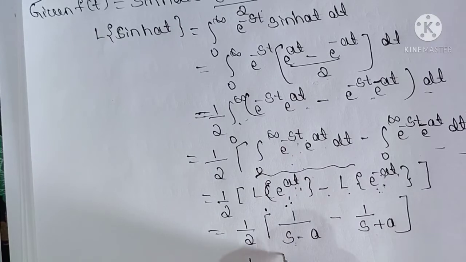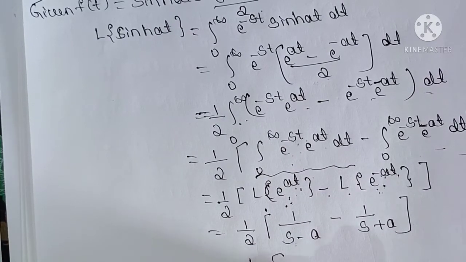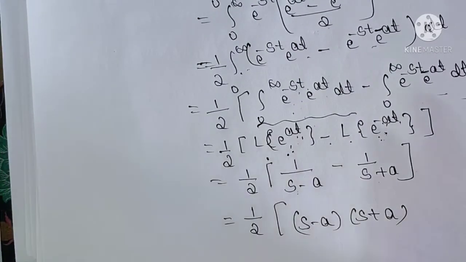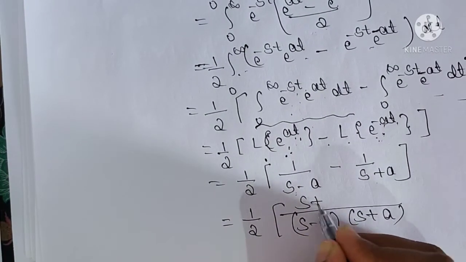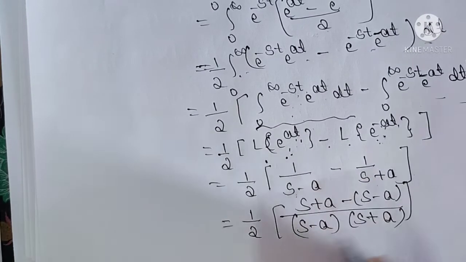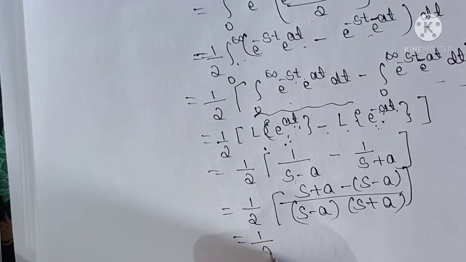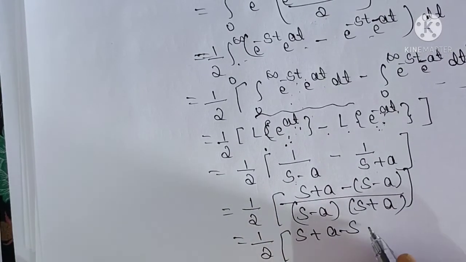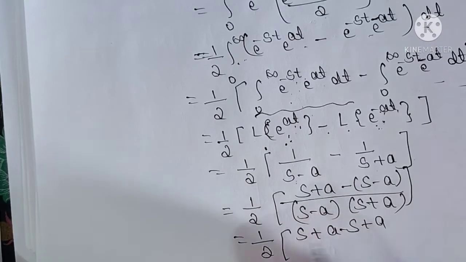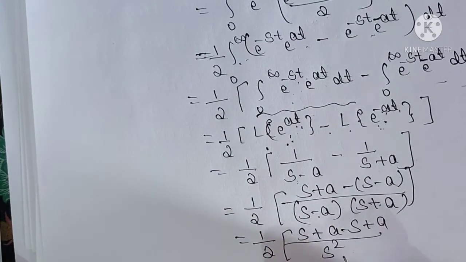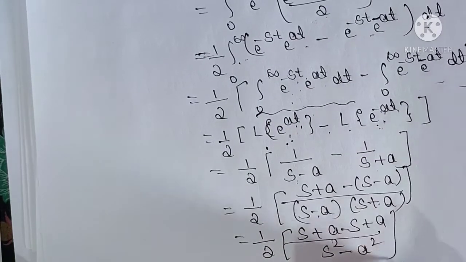1 by 2, the LCM is s minus a into s plus a. Remaining s plus a minus of s minus a. 1 by 2 as it is. S plus a minus s plus a, minus into minus is plus, divided by this which is of the form a plus b into a minus b, s square minus a square.